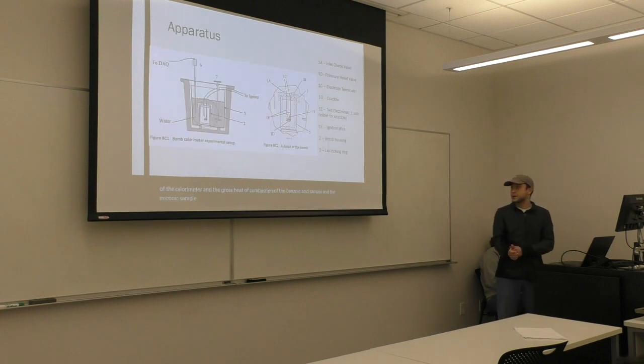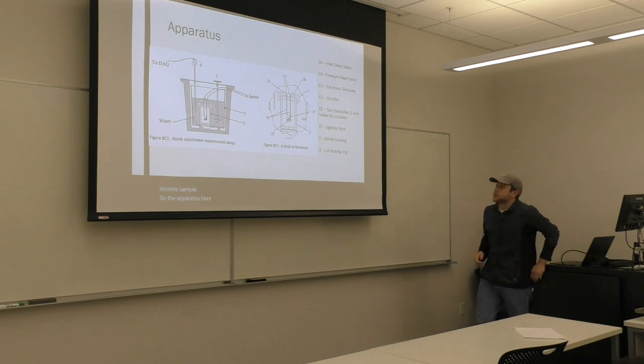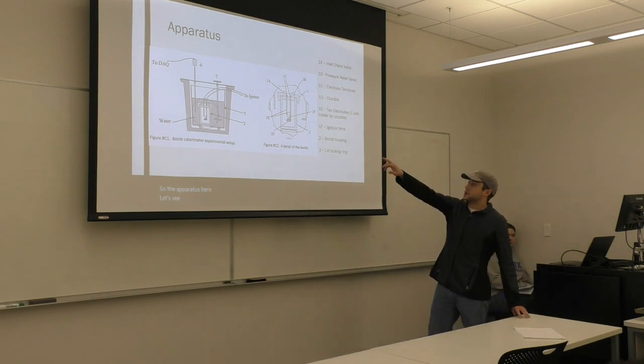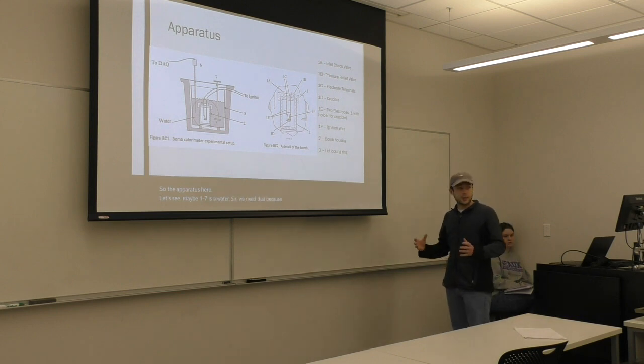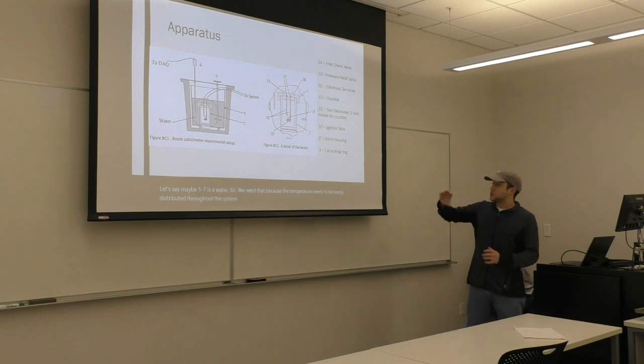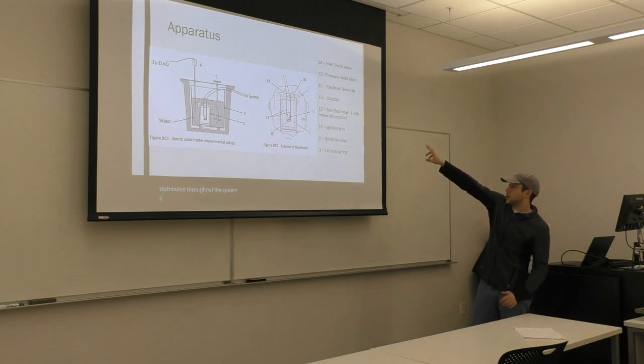So the apparatus here, the big one, 7, is a water stirrer. We need that because the temperature needs to be evenly distributed throughout the system. 2 is blown up right over here.